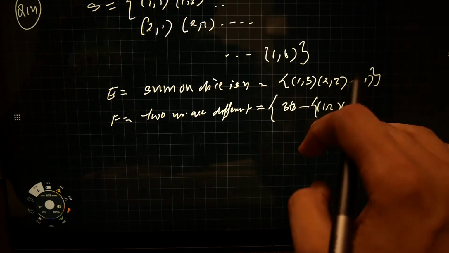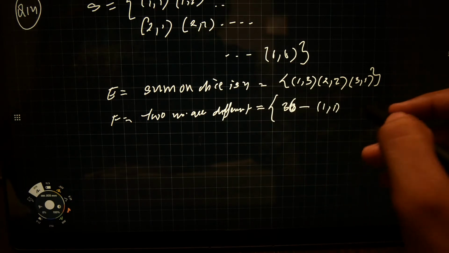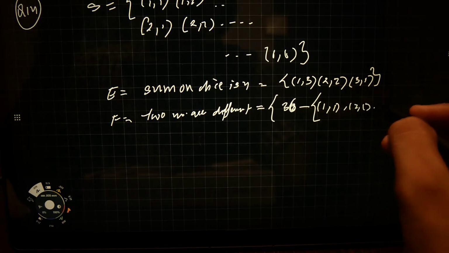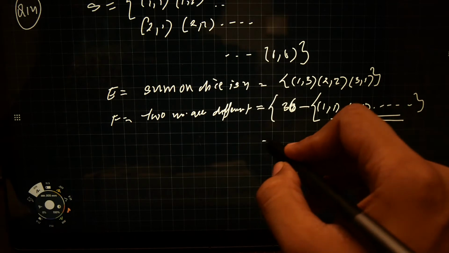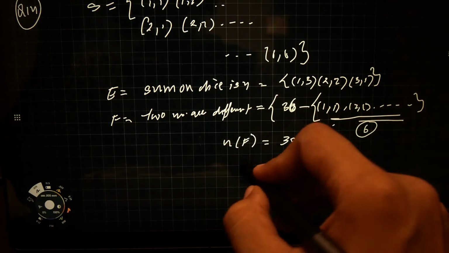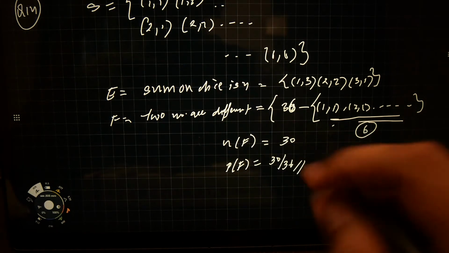Numbers should be different, right? So can I delete from the total of 36 all the numbers that are equal, 1 1, 2 2? If I delete all such elements, 6 elements are gone, so F will only have 30 elements. So the probability of getting F is 30 out of 36, right?